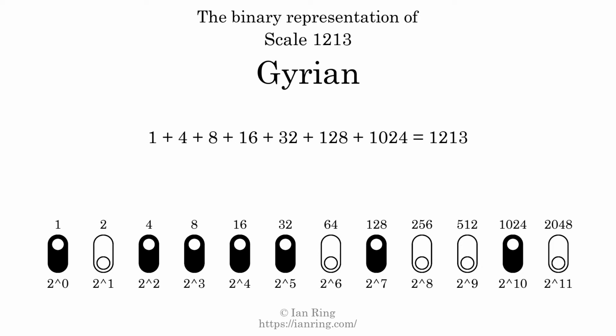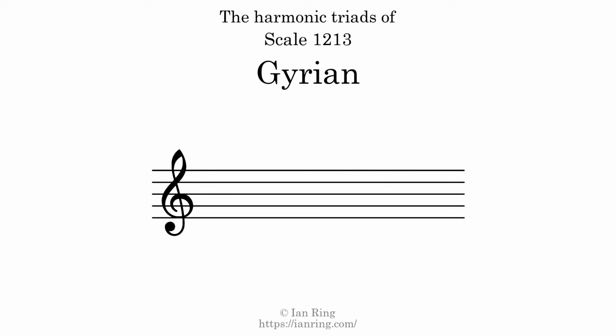That is why the scale number, in decimal, is 1213. The scale number not only enumerates the scale with a unique index, but it also literally describes the tonal content of the scale. Represented as a binary number in base 2, the scale number is 010010111101.